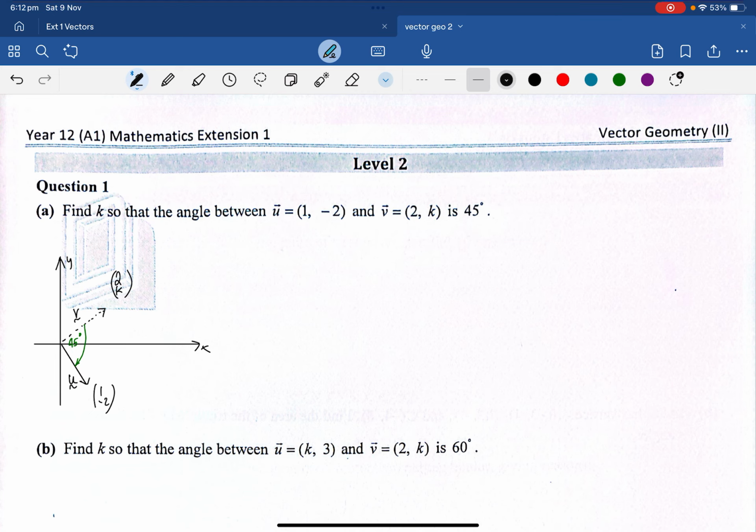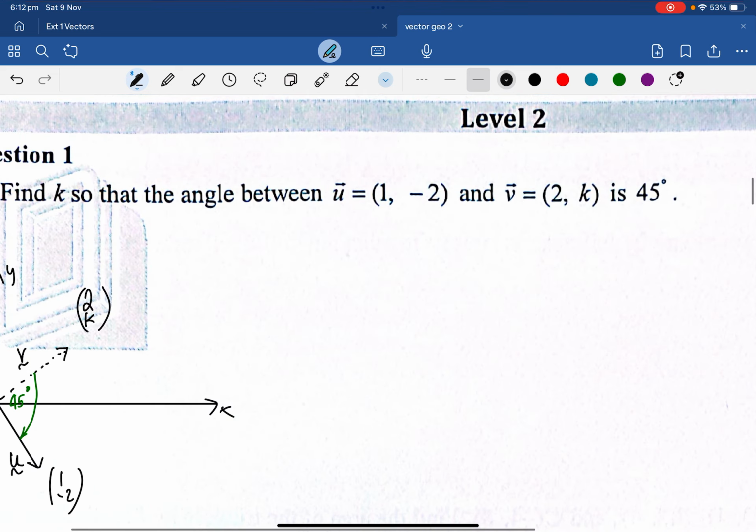Now, what we're going to do is we know that the dot product of two vectors is a scalar. Let's try getting something. Let's go from there. Vector u dot vector v is equal to the magnitude of vector u times the magnitude of vector v times cosine theta.